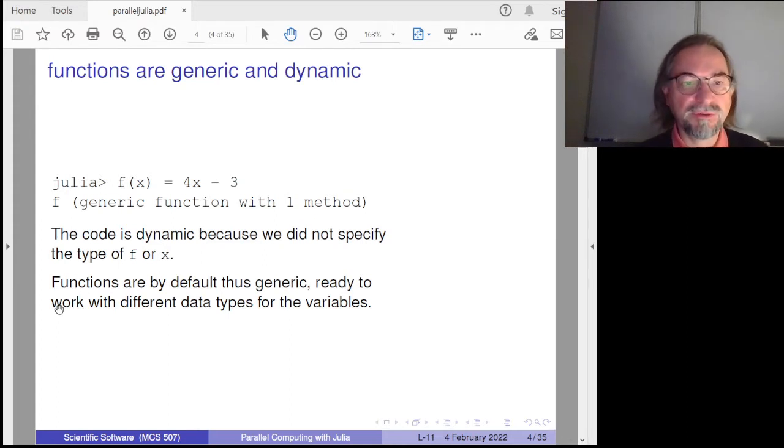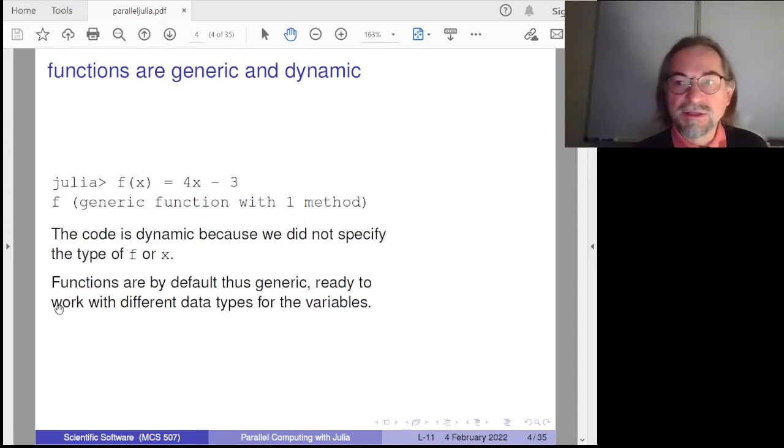So you notice here the function 4 times x, so the star operator can even be omitted here. There is no typing provided by the user in the definition of this function. So the function is thus generic, so it can just work with any different data types.